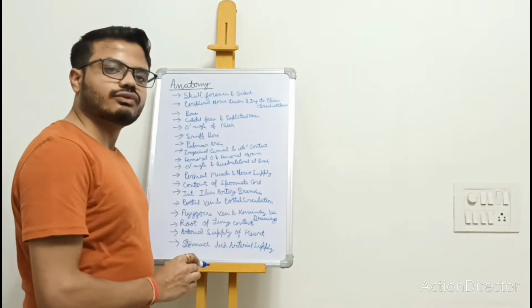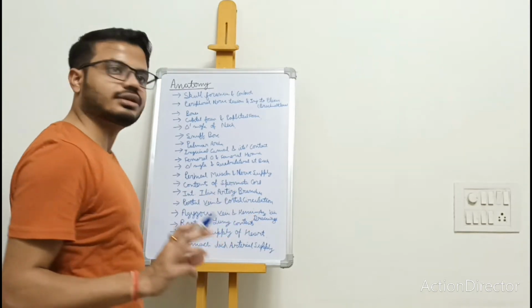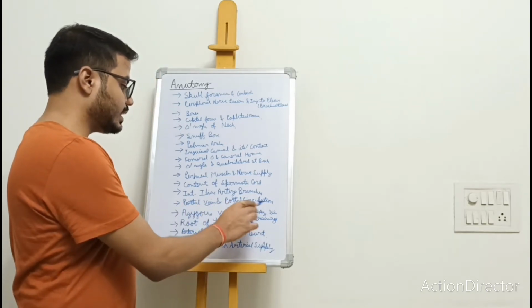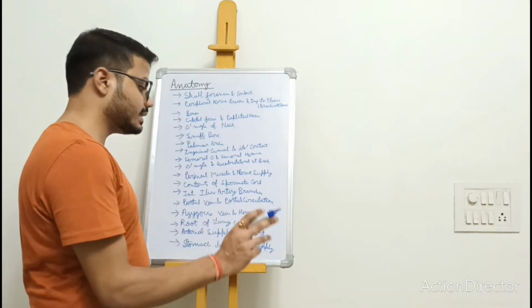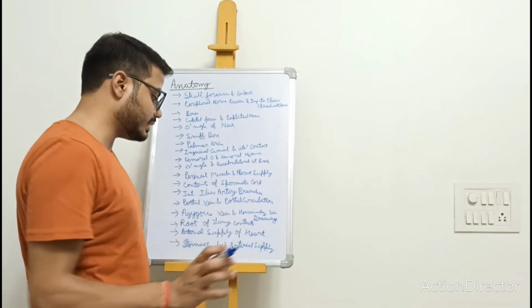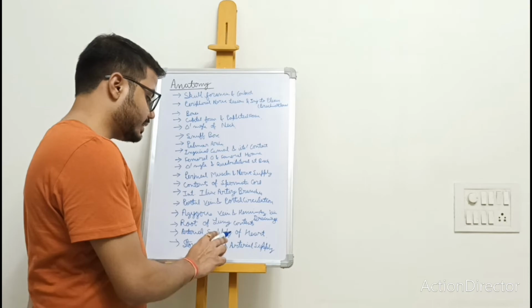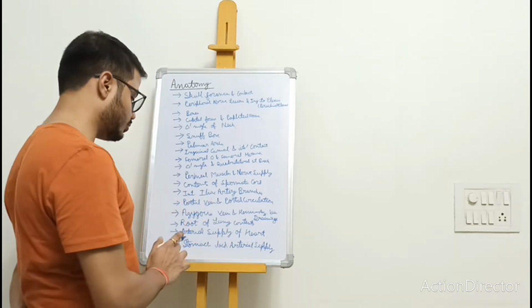Then contents of the spermatic cord, then internal iliac artery branches you have to be thorough about. Then portal vein and portal circulation, right? Then azygos and hemiazygos vein drainage you have to know. Then root of lung contents you have to be thorough about. Then arterial supply of the heart, right? You have to be thorough about.